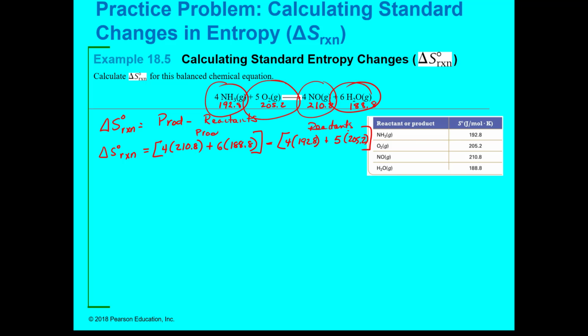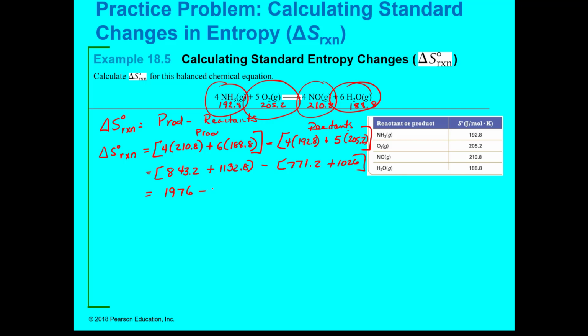Just like we did for delta H, except the only difference is that we have numbers associated with everything. So 843.2 plus 1132.8 minus 771.2 plus 1026. I do all the steps just because I don't want to miss anything, and I want to make sure when you're putting your stuff in the calculator that you're actually doing what you're supposed to do.